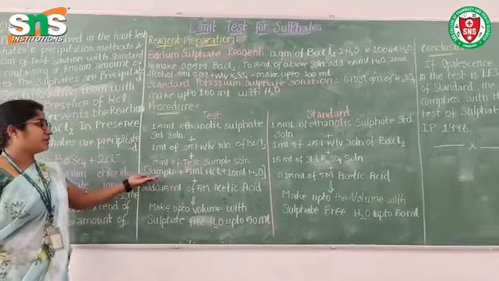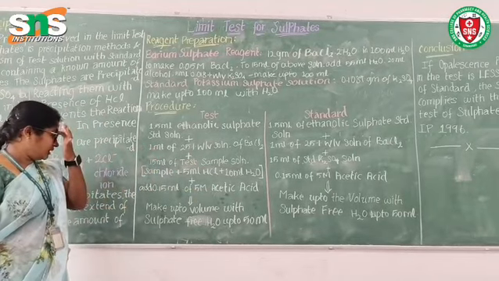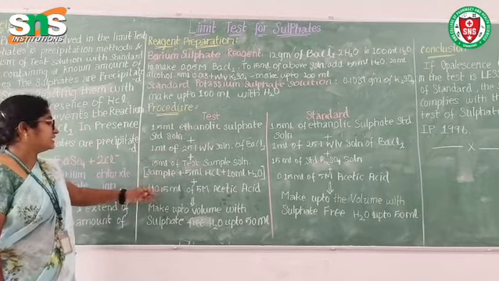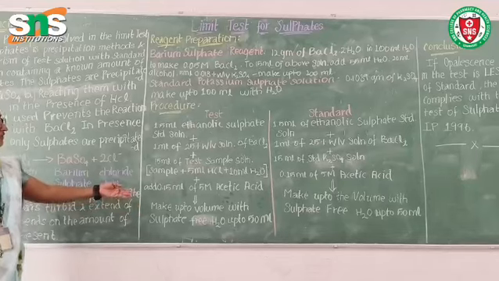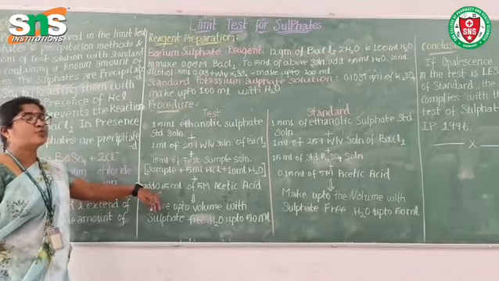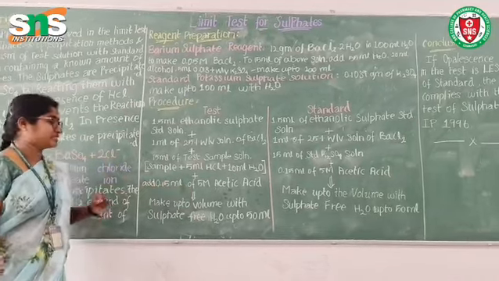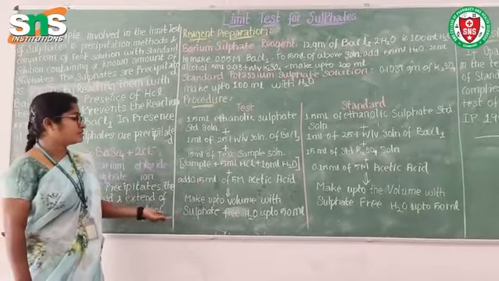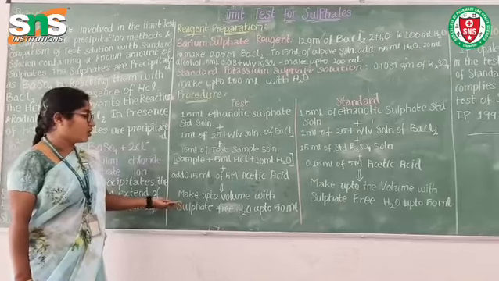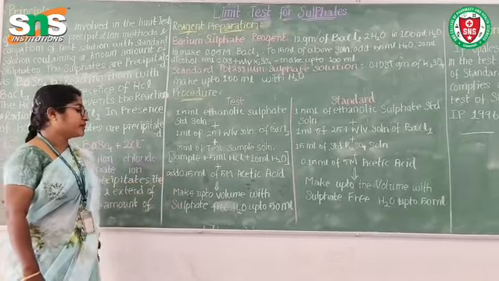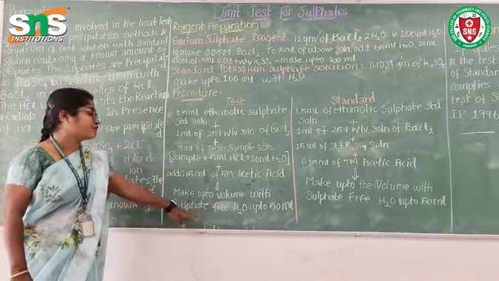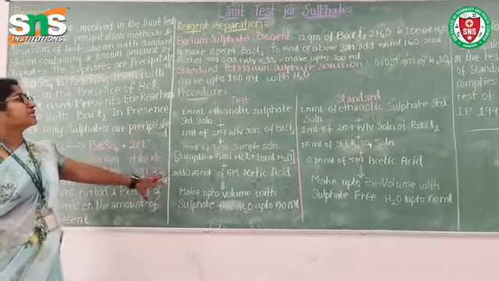This should be added as 15 ml in the limit test Nessler cylinder. Next, after adding the test sample, we should add 0.15 ml, that is 1 drop, of 5M acetic acid, and the last step is to make up the volume with 50 ml of water, which is sulphate free water. So this is for the test.